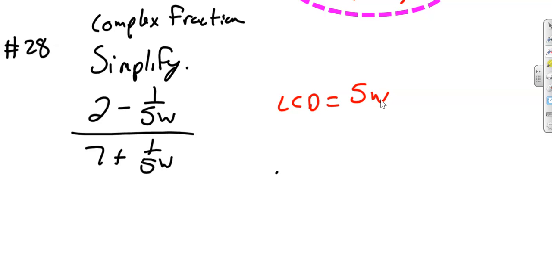Okay, now here's where it changes. You could rewrite it with common denominator, but with complex fractions, usually the easiest thing to do then is go back and take every single number that's here and multiply by your least common denominator.